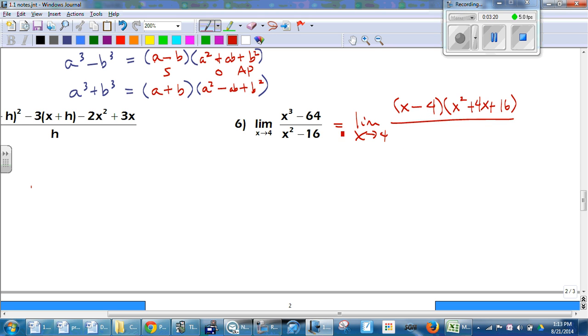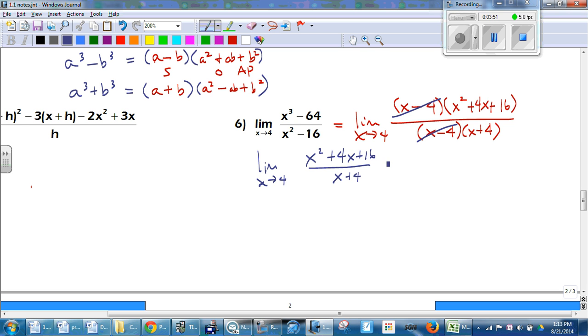Bottom, this is just difference of 2 squares. That one you should remember, x minus 4 times x plus 4. So once we factor that, now we can cancel out our common factors, and the part that's making the 0 over 0 is gone. We can do the limit as x approaches 4 of x squared plus 4x plus 16 all over x plus 4.